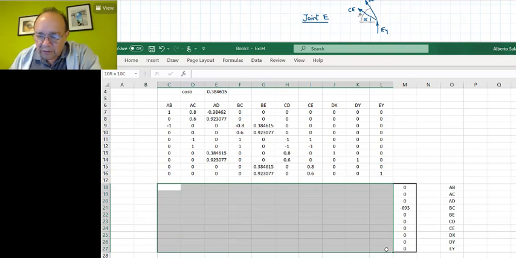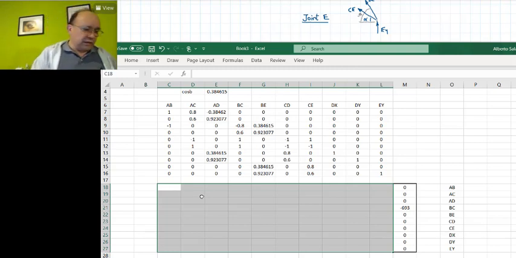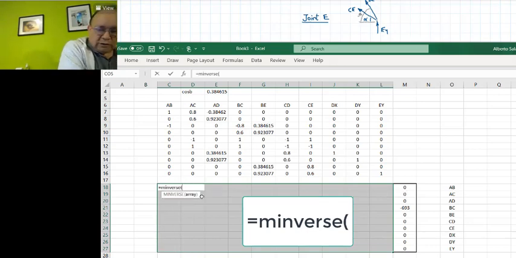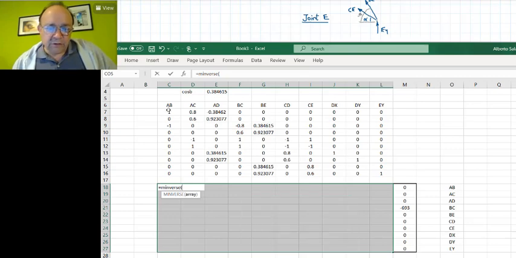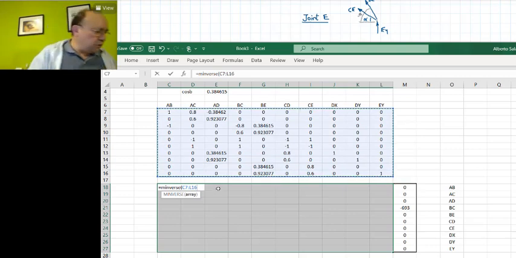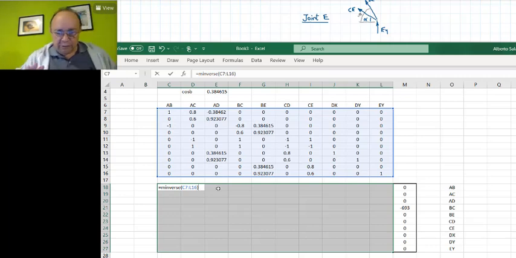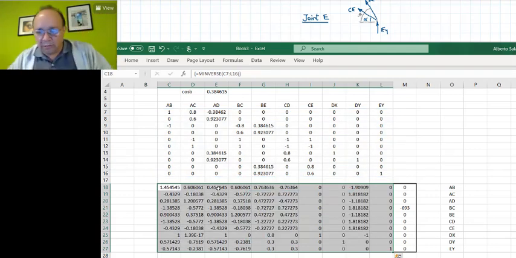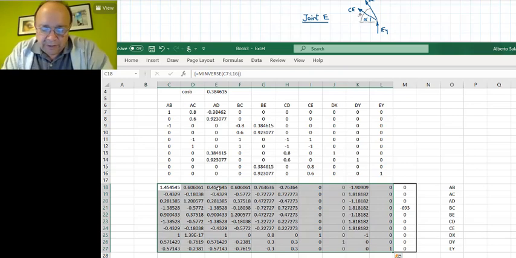So you select the whole area and start typing on the top left corner: equals M inverse, open parenthesis, and then you select the whole matrix. You close the parenthesis, and before you touch anything, you press Control Shift Enter, and the whole matrix is filled with the inverse.